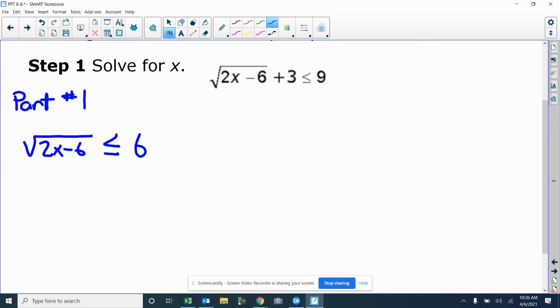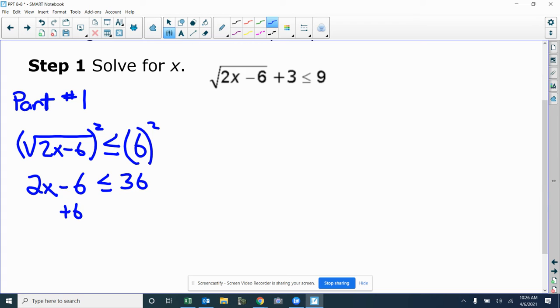Now what? Square both sides, just like we have been. So now we're down to 2x minus 6 less than or equal to 36. Keep going. Plus 6.